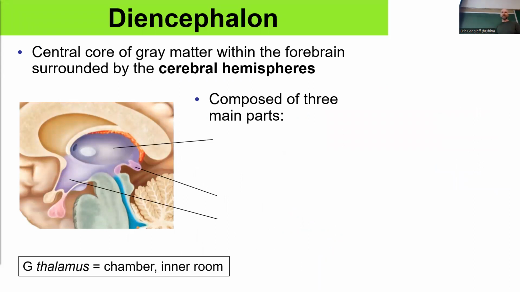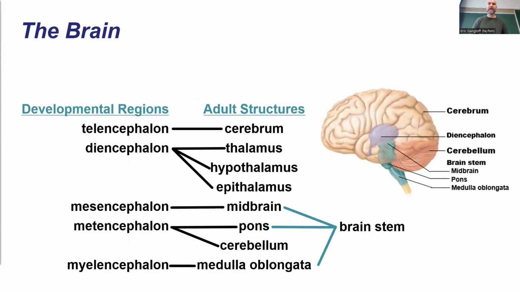This is composed of gray matter, and it's in this middle part of the brain surrounded by the cerebral hemispheres. Just to back up for a second, see the thalamus or the diencephalon right here, primarily the thalamus. Remember that the way this diagram is structured, we can see through the cerebrum, and so we're looking through the cerebrum to see this structure inside.